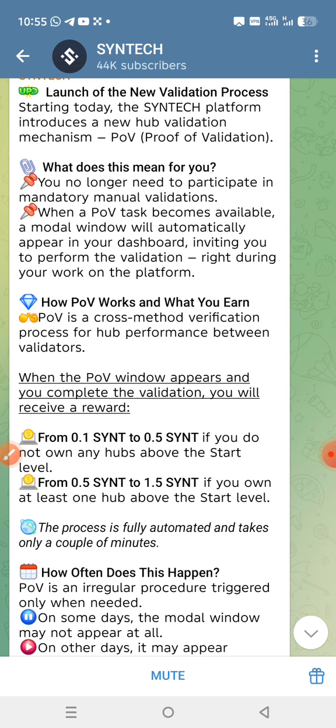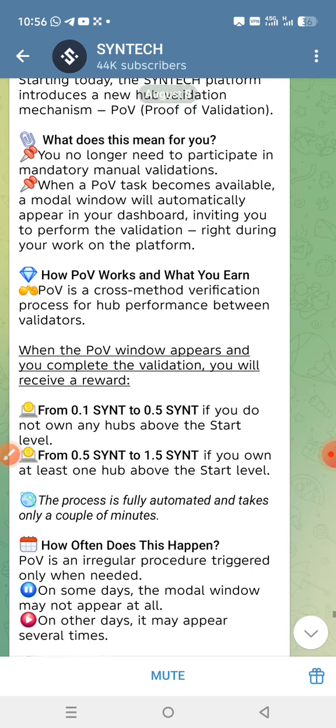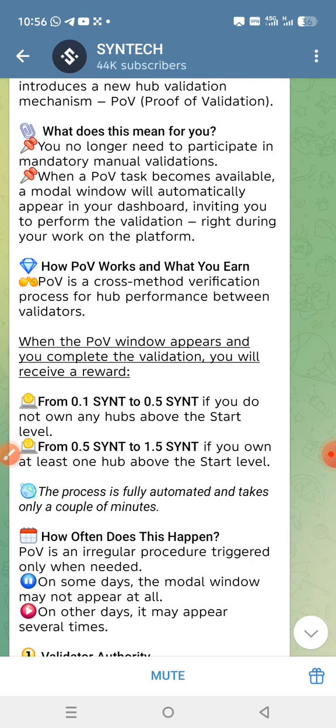How proof of validation works and what you earn. Now, POV is a cross-method verification process for all performance between validators. You must understand this. So it is a cross-method verification process. As it comes and I do it, I verify myself and then I verify somebody too.